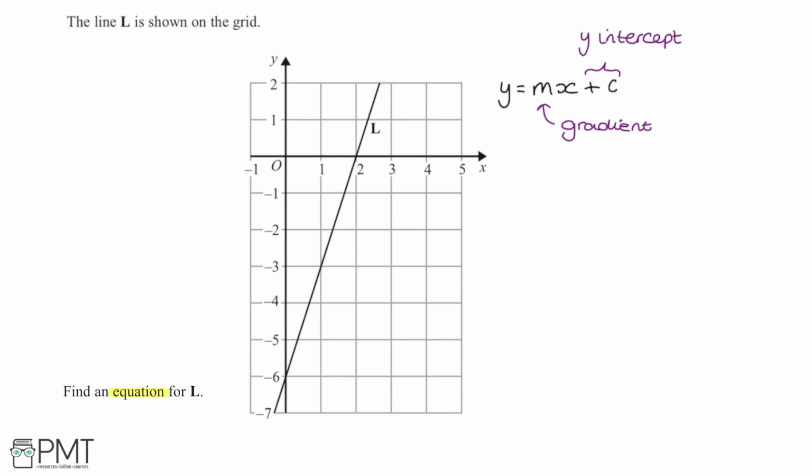Now we can see this because when we have the y-intercept, the x value is going to be 0 when we're working with the y-axis. So if x is 0, mx is also 0. So y is equal to c. So the y-intercept is going to be this value of c.